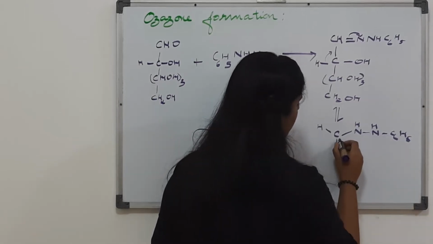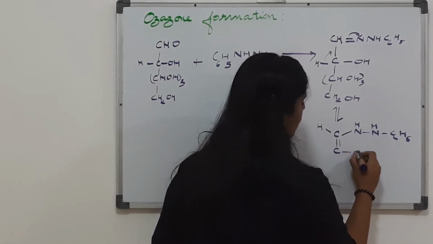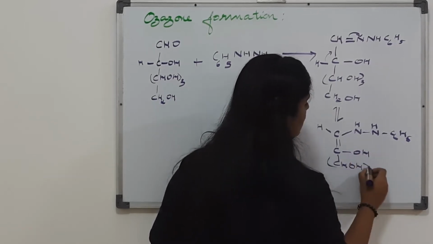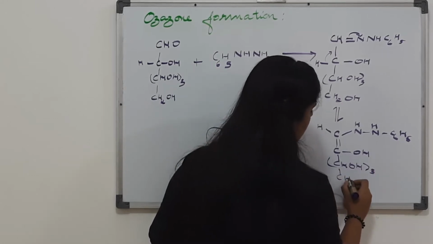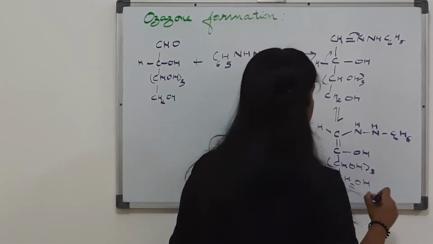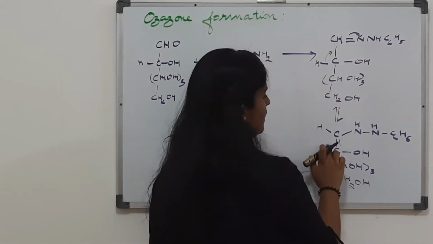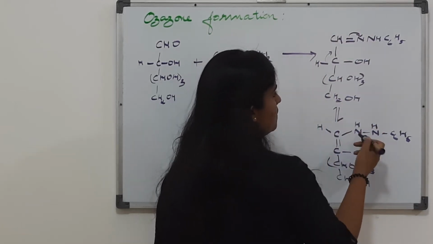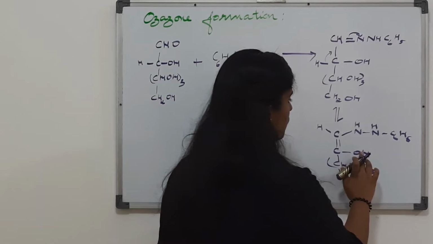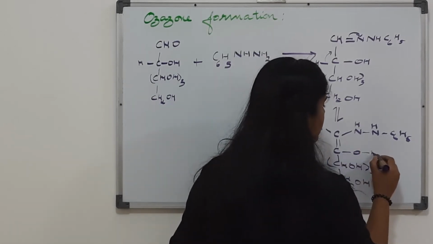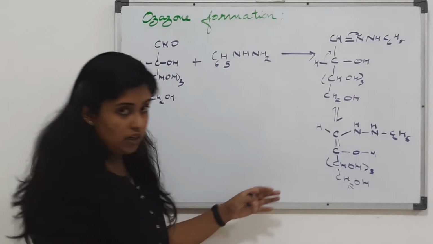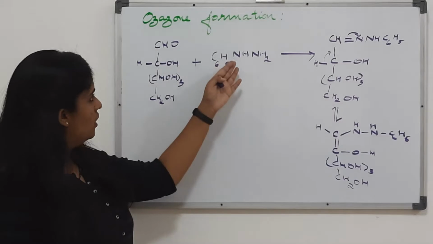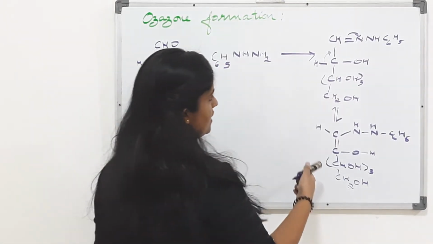Then this carbon becomes double bonded, OH, then CHOH three times, and CH2OH. All this would be there as such, and then a double bond is formed between the carbon-carbon, and the hydrogen from here has shifted to that nitrogen, so it becomes NH. The remaining is there as such. This is the tautomerized form of the product that we initially got on treatment of glucose with phenylhydrazine. Yes, the tautomerization has happened.